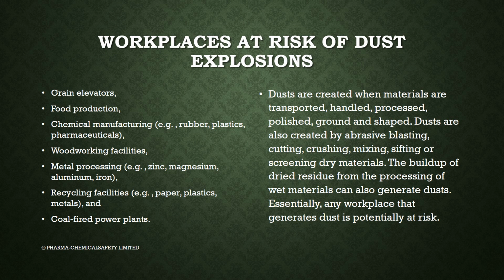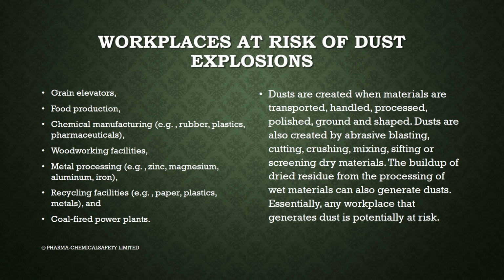The dust is created when the material is transported, handled, processed, polished, ground, or shaped. But there are also other processes that can create dust: abrasive blasting, cutting, crushing, mixing, sifting, or screening the dry material. The buildup of dried residue from the processing of wet materials can also generate dust.